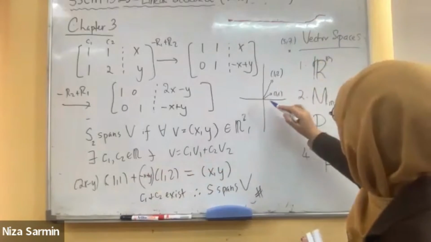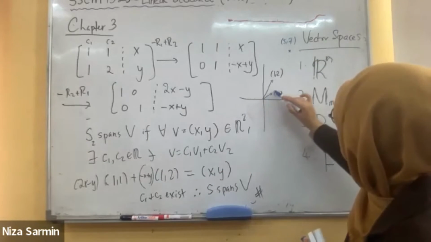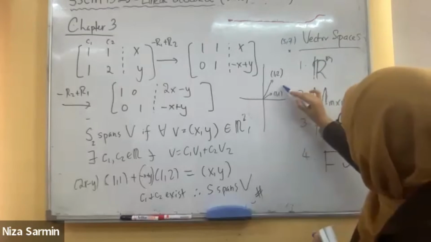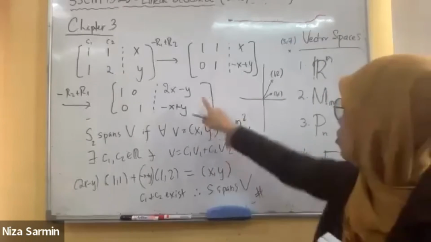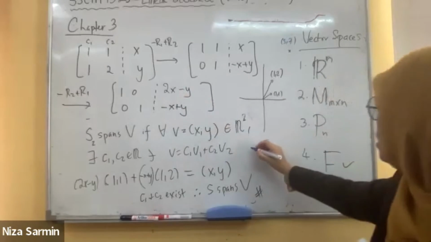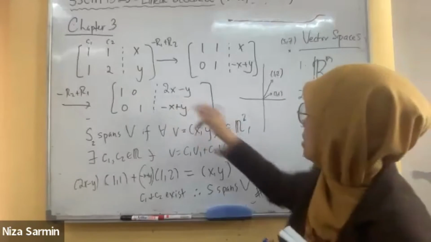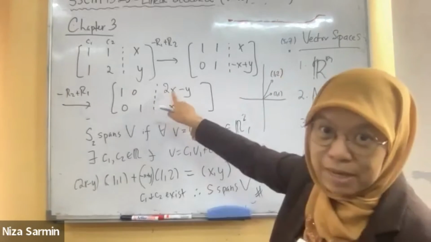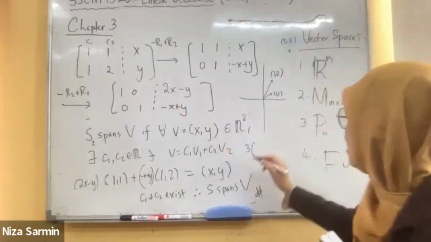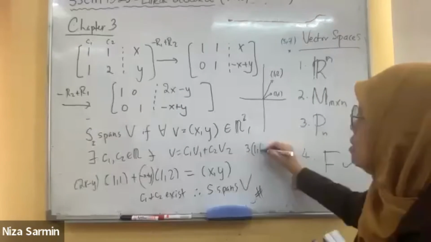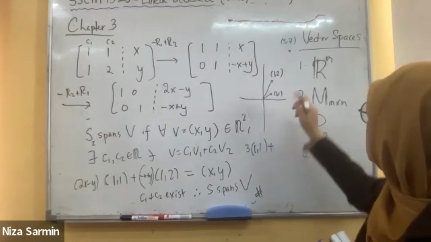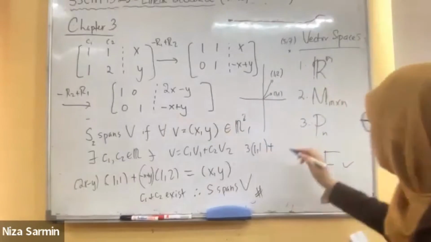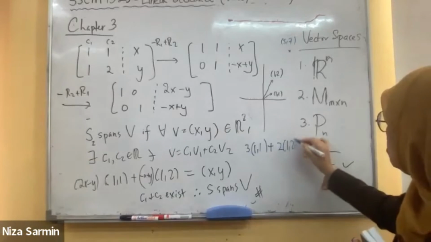If not, you can go like this and then this, right? Some multiple of (1,1), and then this. But if I follow this formula, I will get (5,7): c1 is 10 minus 7, which is 3, and c2 is 7 minus 5, which is 2. So 3 (1,1) plus 2 (1,2).